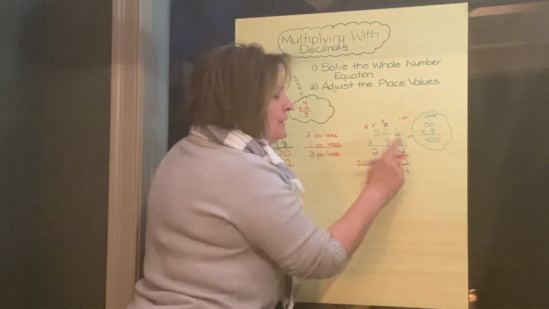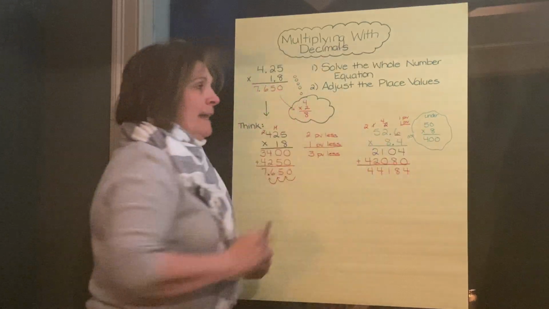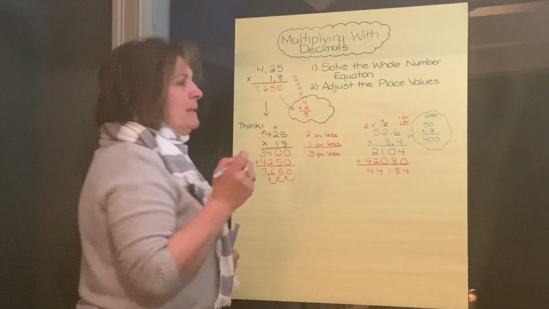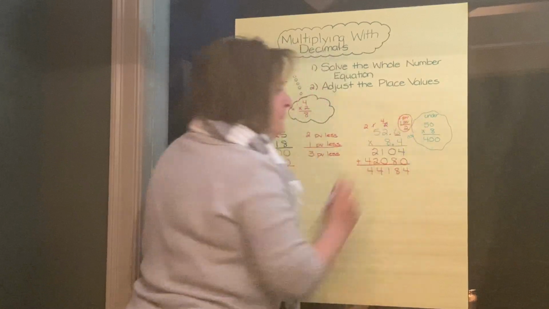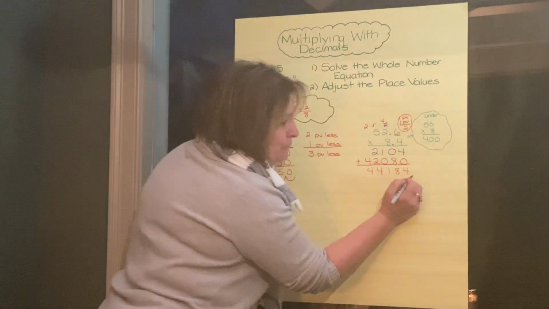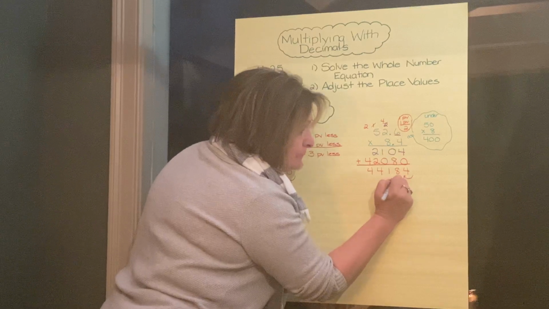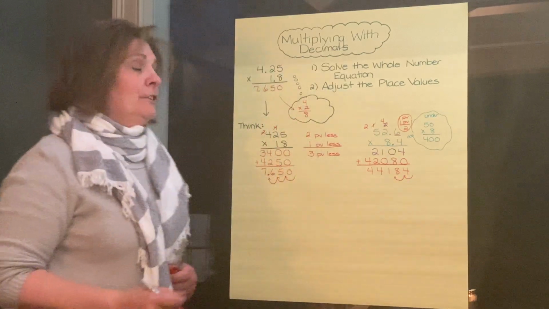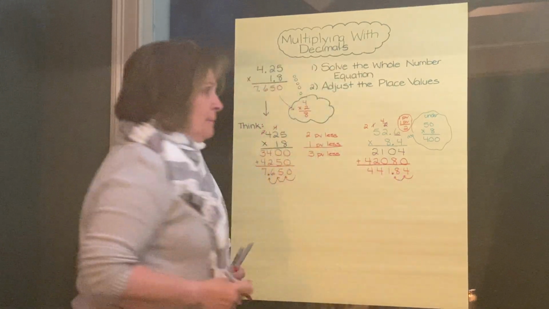And 8 4/10 is one place value less than 84. And so that means the entire equation is two place values less. So if it's two place values less, we move the decimal point to the left, two place values, and we put in our decimal point.